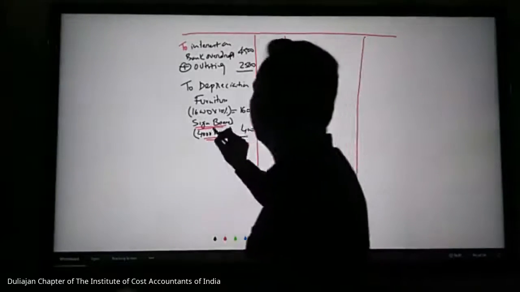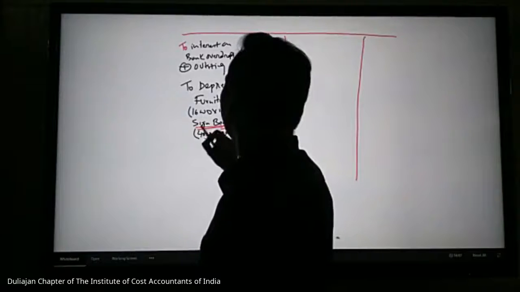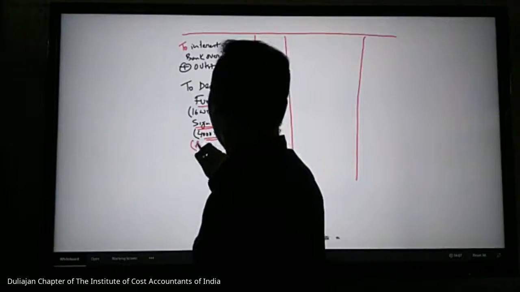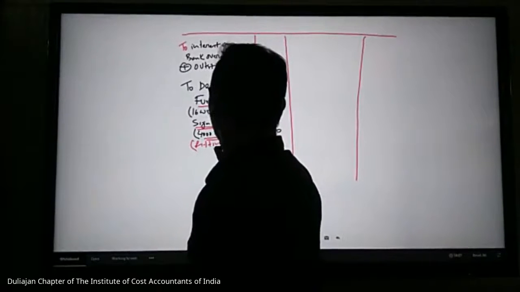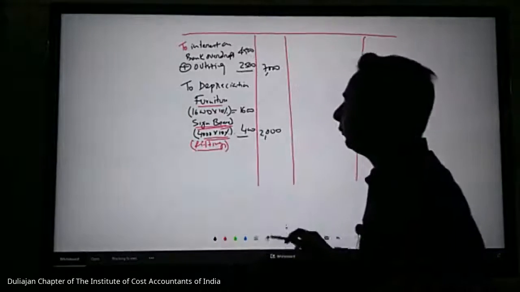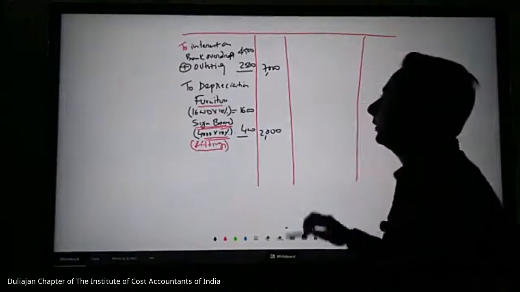Signboard is an asset, so it should also be depreciated. 4,000 at 10%, so 400. So signboard is in fittings. Furniture, this is called fittings. Signboard 4,000, 10%, 400.